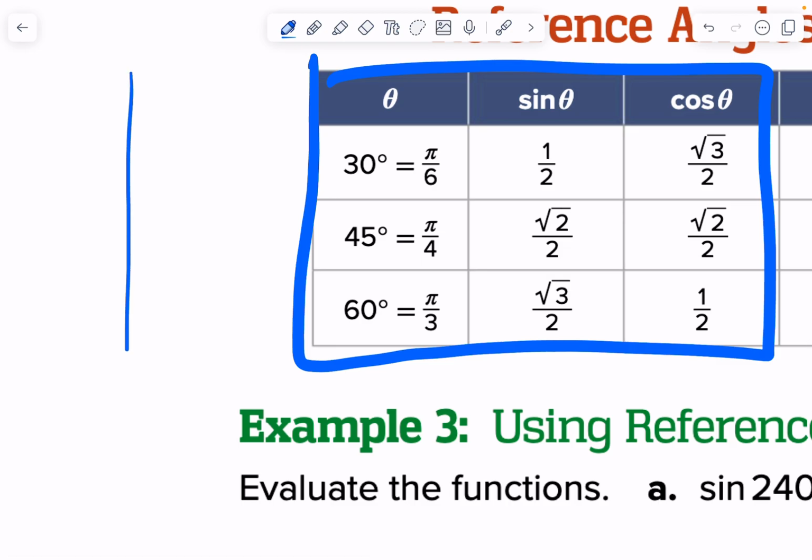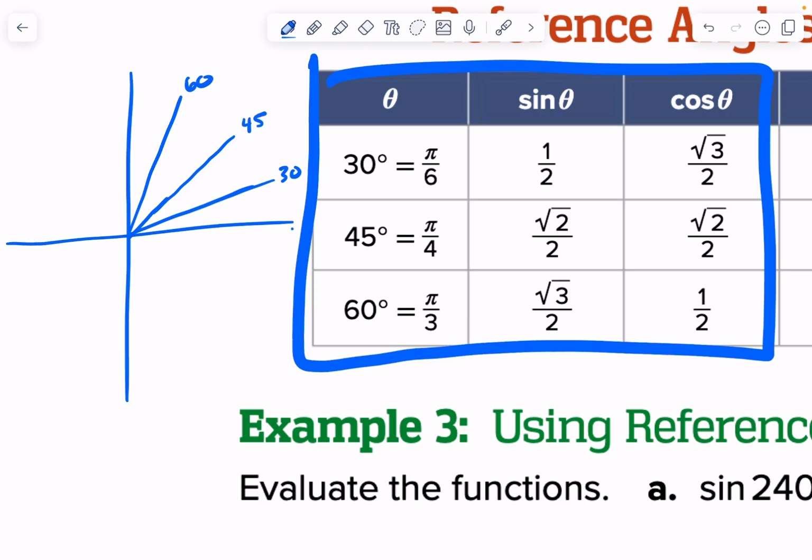So if you look at your unit circle, you have a 30 degree, a 45 degree, and a 60 degree. And those are the only 3 that you have mapped out in your first quadrant, okay? Then you have 0 degrees and you have 90 degrees, right?